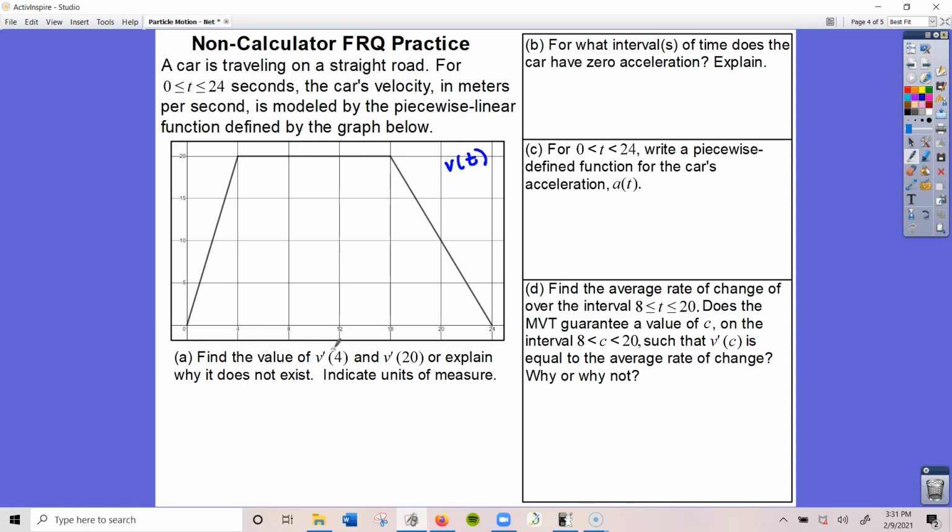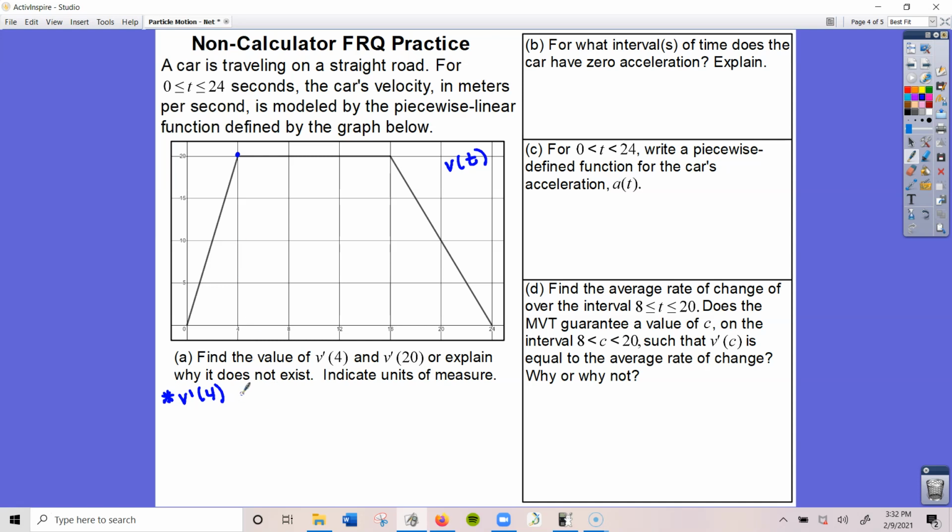Find the value of v prime of 4 and v prime of 20, or explain why it does not exist. Indicate units of measure. So let's start with v prime of 4. If I go to 4, what I have here is a cusp. So that means that it is undefined because of the cusp. It's not differentiable.